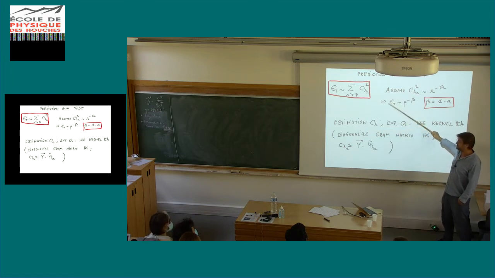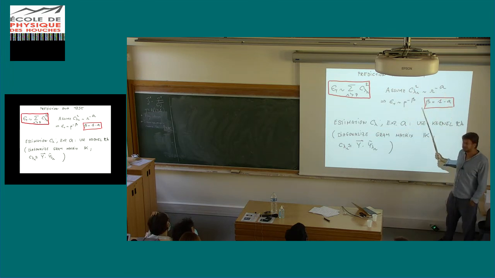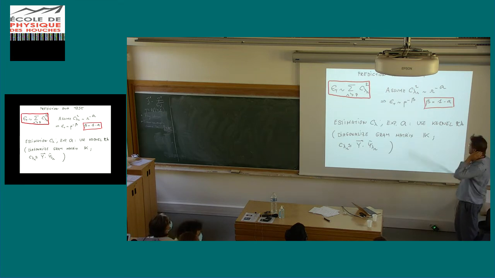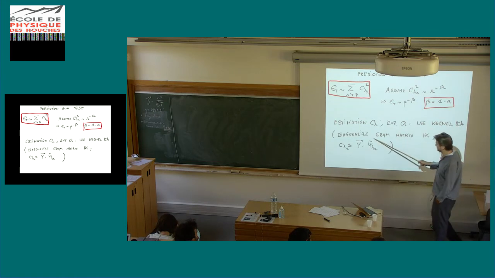Now, to test those ideas, we just need to extract a numerically. So we need to measure those coefficients C lambda to extract this exponent a. And in fact, that's something we can do with kernel PCA. I was not really planning to explain it, but maybe I'll just take a few lines. What you have to do is remember this Gram matrix. You diagonalize it. It gives you some eigenvalues and some eigenvectors that are of dimension p now.